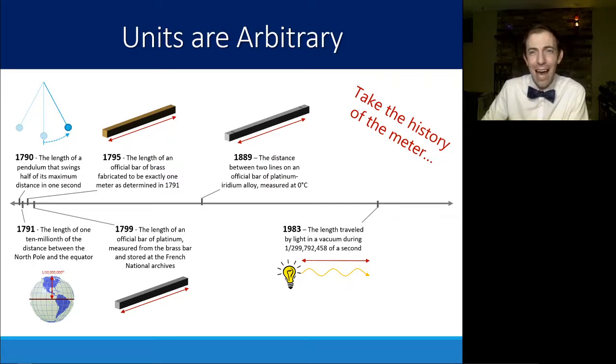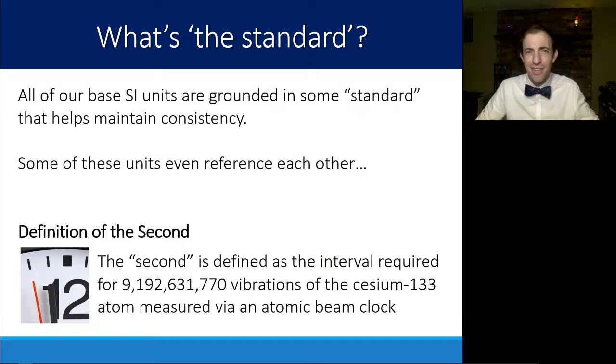All of the units have a similar backstory to them. The kilogram was recently redefined because it also used to be a physical object in the basement in a building in Paris. So as we go, all of these units we talk about are really compared to some sort of standard that we are using to measure our consistency.